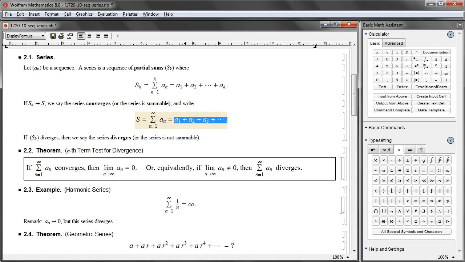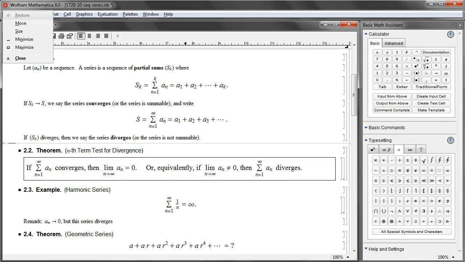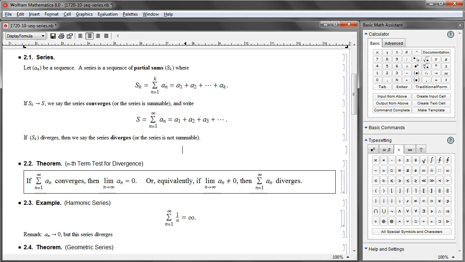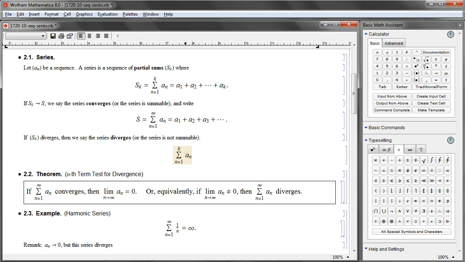If you aren't already, please make yourselves familiar with this kind of notation. We use the Greek letter capital sigma to denote the summation. And this denotes summation from n equals 1 to k. And in general, the number downstairs represents the starting number.